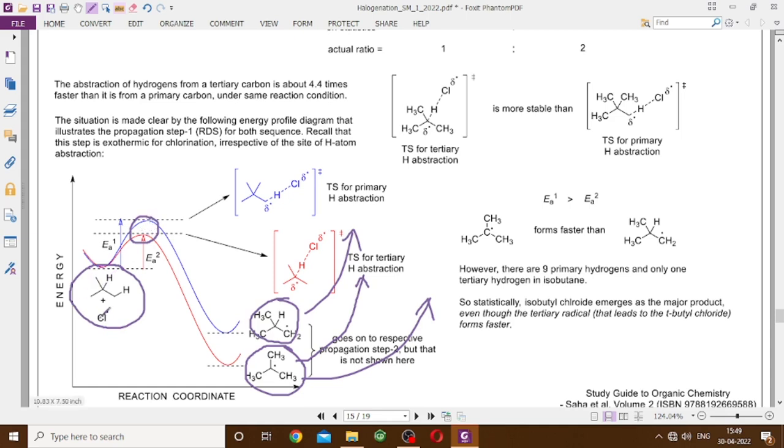The transition states are closer to the alkane reactant. Therefore, they have significant alkane character and very little radical character. The energy difference that is arising is due to the radical character. They have some radical character, but not that much. Therefore, their difference is not that much. Therefore, this hydrogen is being abstracted only 4.4 times faster than that hydrogen.